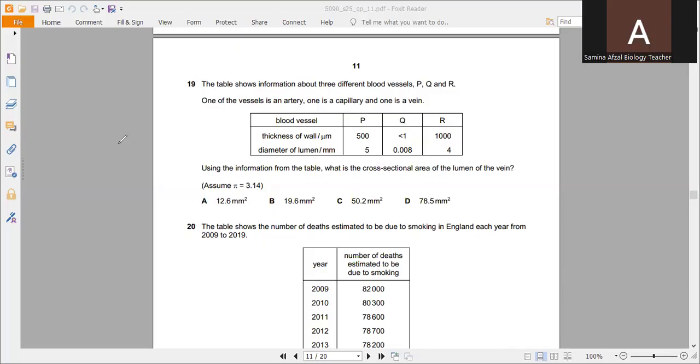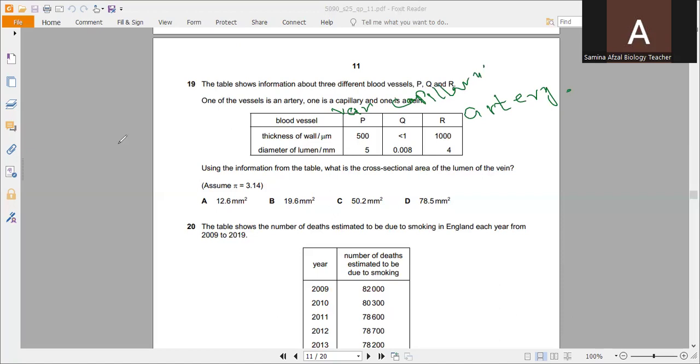Here you can see that the thickness of the wall of vessel R is greater, so this is an artery, and vessel P is the vein. The other is less than 1 micrometer, so this is a capillary.